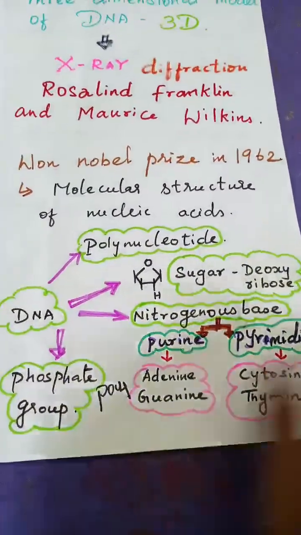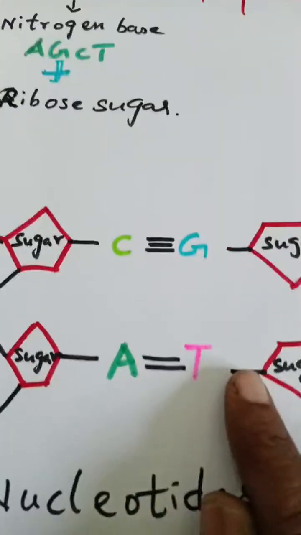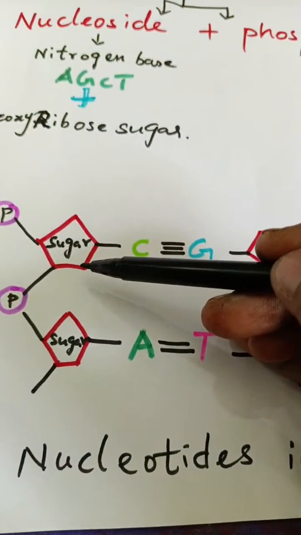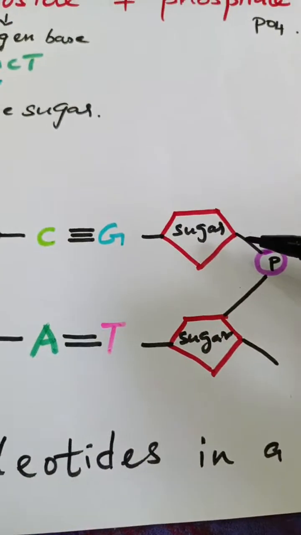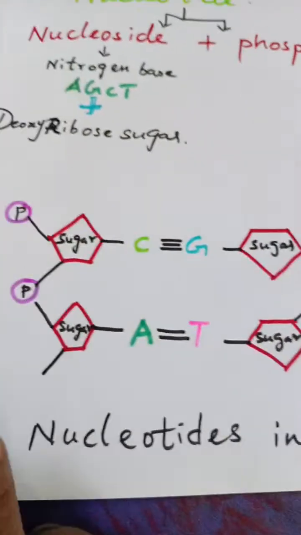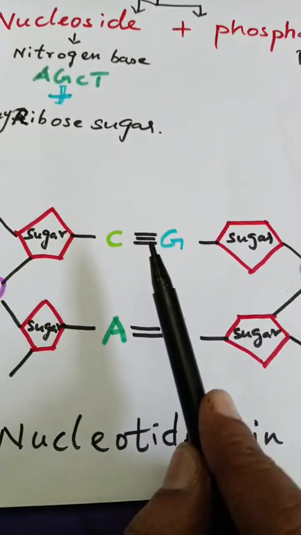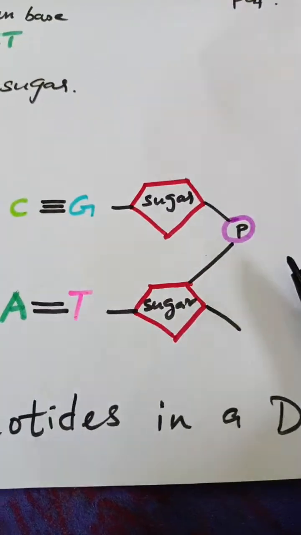Now let us show the basic structure of DNA. I told you just now. So this is the sugar, and it contains a nitrogenous base, and it is also connected with another sugar. So this is the strand, which contains a sugar, nitrogenous base, and then a sugar again, and a phosphate group.